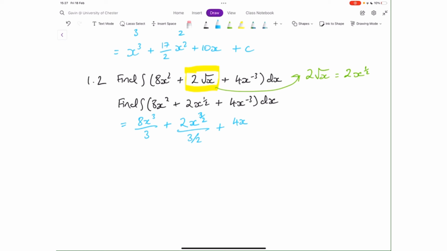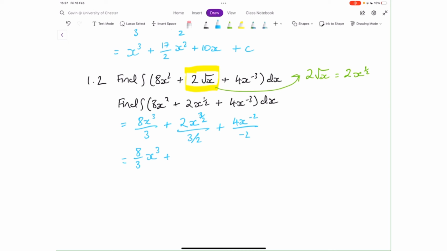If I add 1 to minus 3, it becomes minus 2 divided by the new power. Some of these I can simplify. I can't simplify the first term, so that just becomes 8 over 3x cubed.